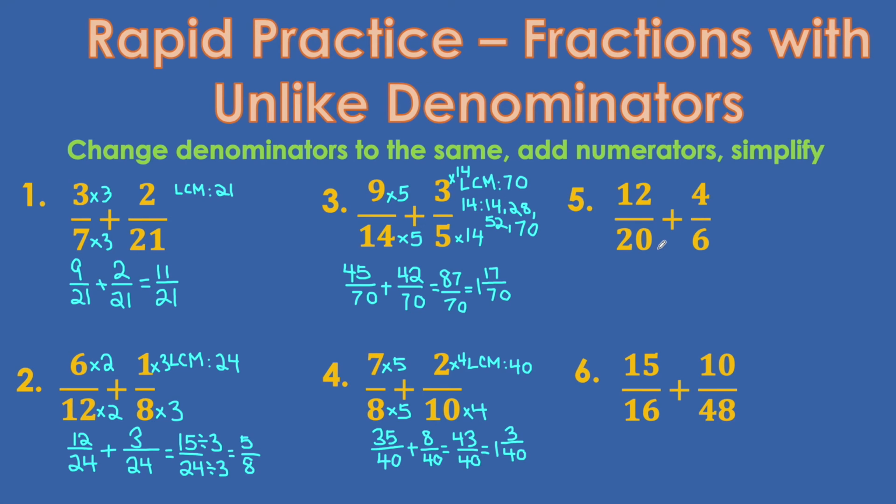Then moving on would be 40. 6 does not go into 40. So you think of the next multiple, which would be 60. And 60 does work. So the least common multiple would be 60.